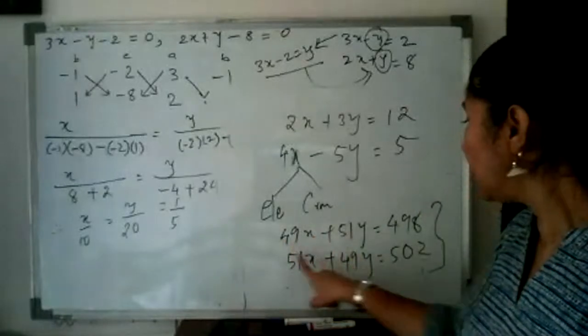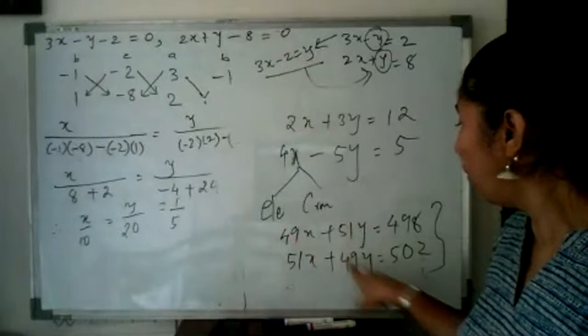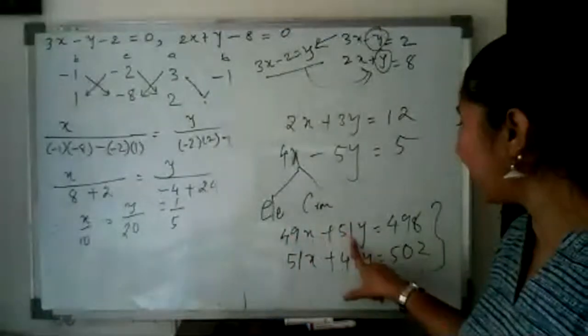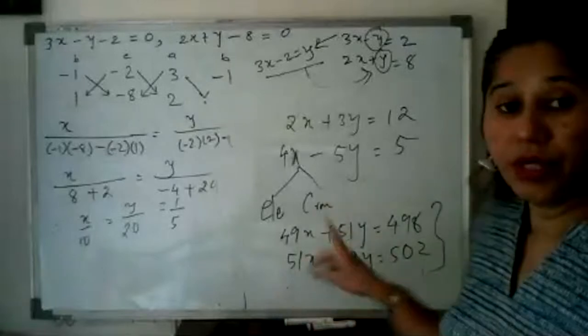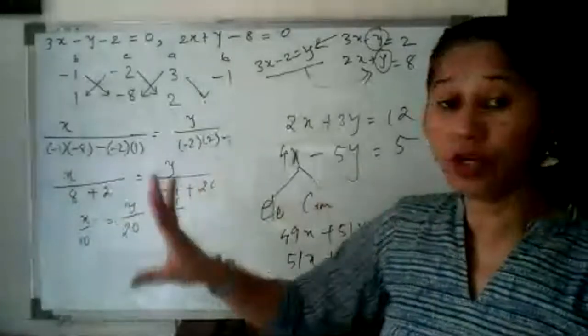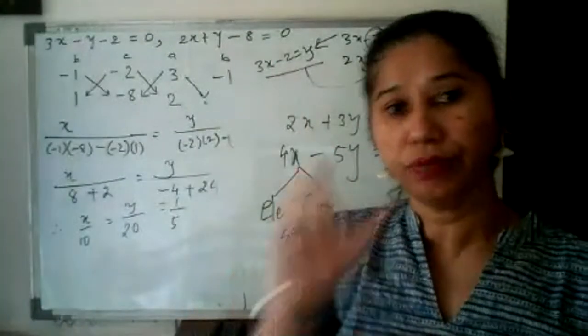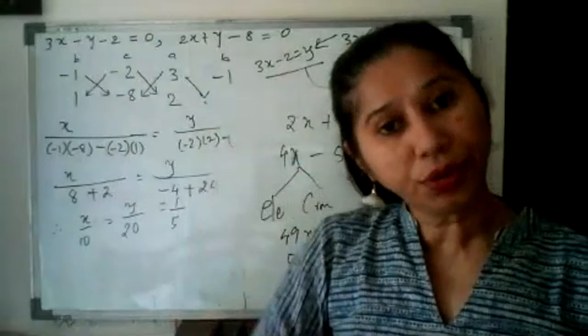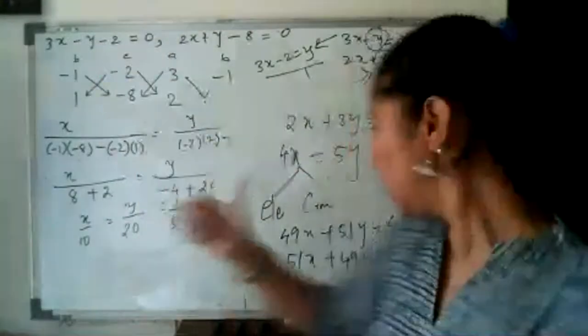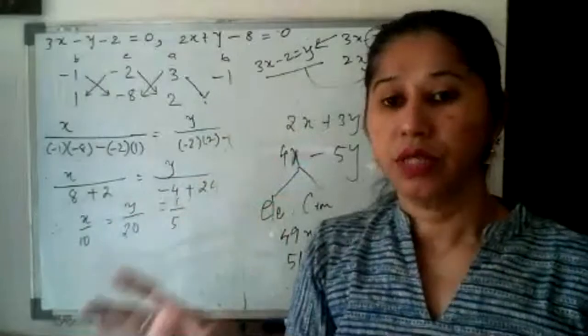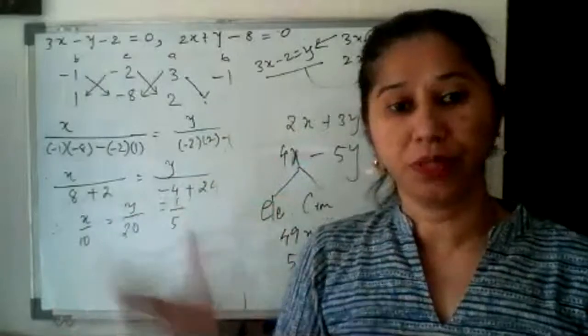You can see the variables' coefficients are exchanged here, isn't it? 49 and 51 for x, and then it takes the reverse. So in this, you will not follow any of the methods. What are we going to do? First, add both equations, get a new equation, reduce it, then take the same equations again, subtract, reduce it, and then use the elimination method.